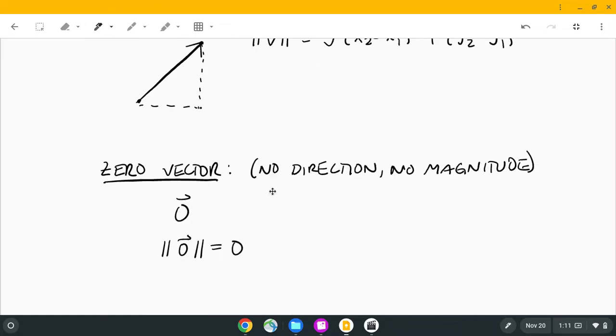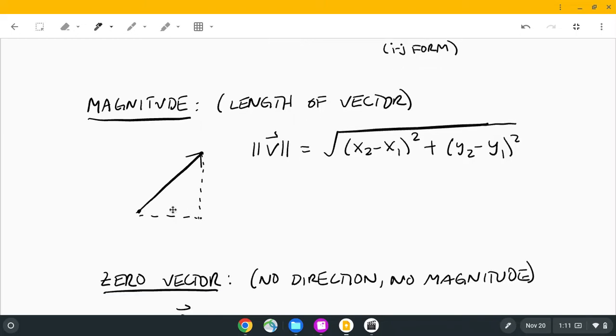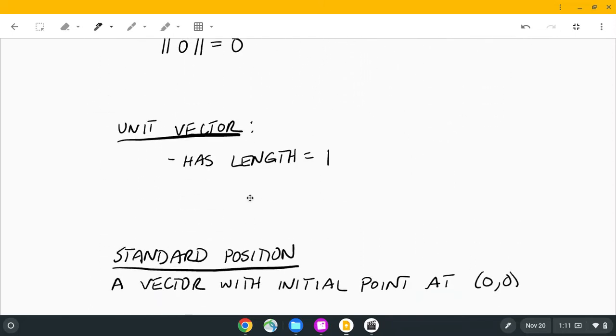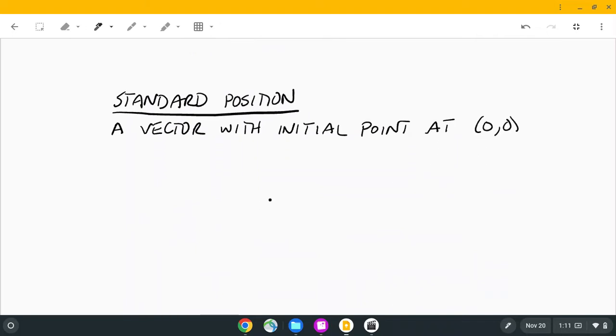Unlike this one up here, this is just kind of floating in two-dimensional space. Maybe 0, 0 is over here, or maybe it's over here. This is its initial point. That's the terminal point. Okay, so if it's in standard position, it's just starting over at 0, 0.